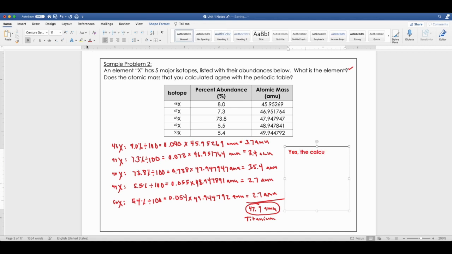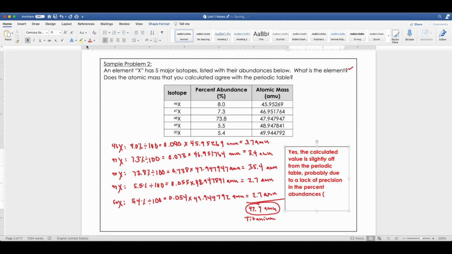But we'll say the calculated value is slightly off from the periodic table. Probably due to a lack of precision in the percent abundances.